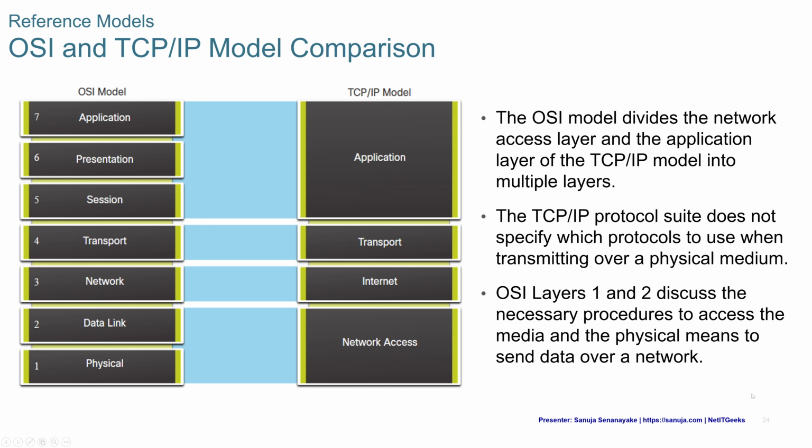The TCP/IP protocol suite does not specify which protocol to use when transmitting over a physical medium, but the OSI model does. OSI layers 1 and 2 discuss the necessary procedures to access the media and the physical means to send data over a network. Those are the differences between the OSI model and the TCP/IP model.